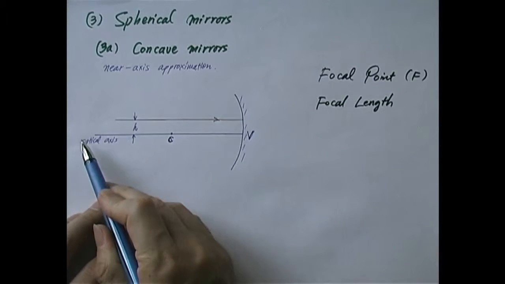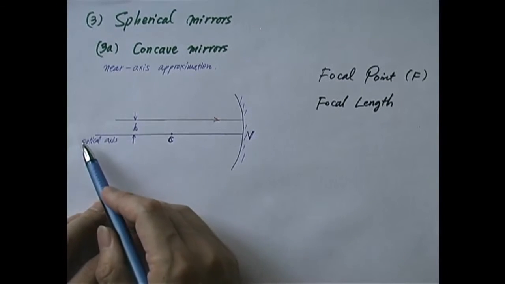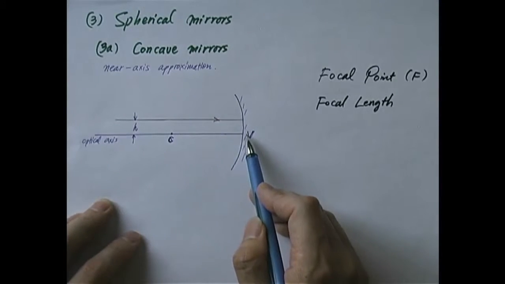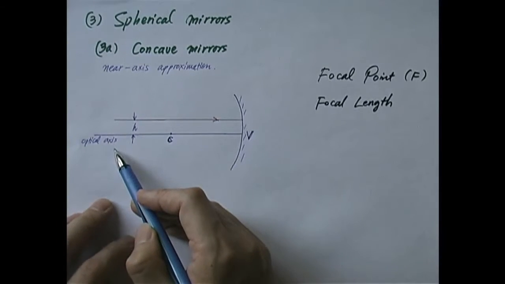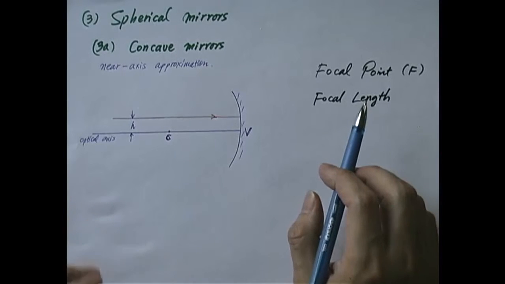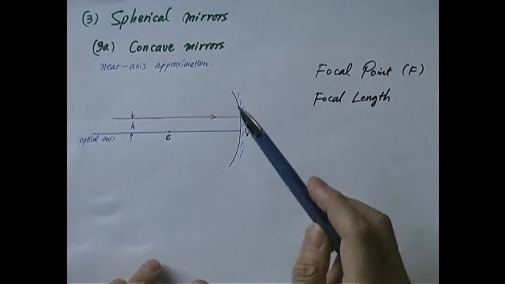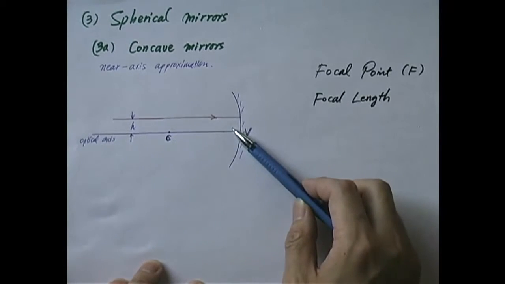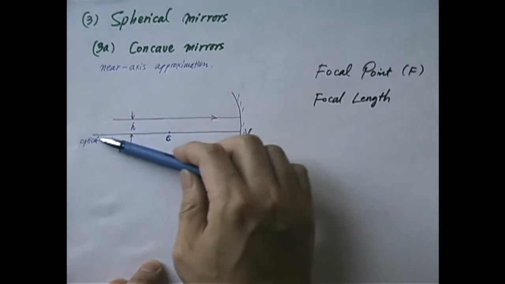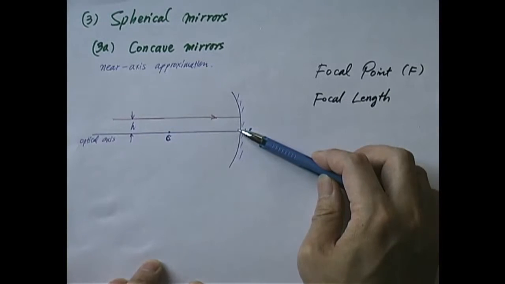This axis, which connects C and V and extends beyond, is called the optical axis. Now, I'm going to introduce a beam of light, a light ray, parallel to the optical axis and a distance h away from it.